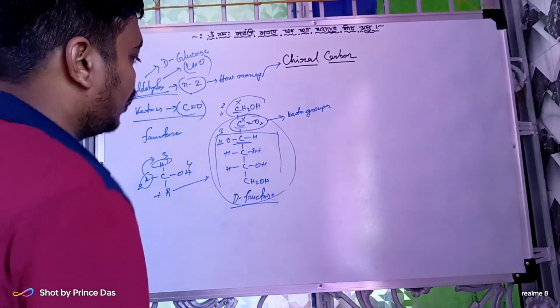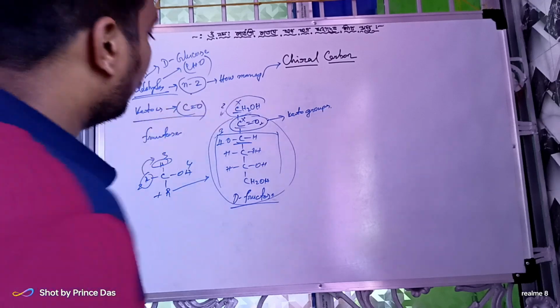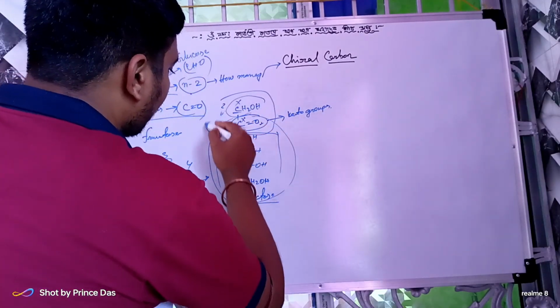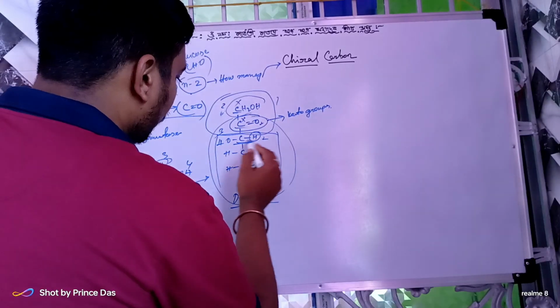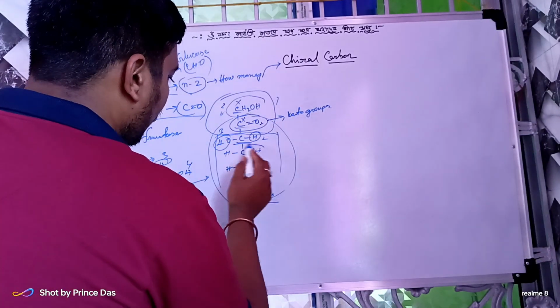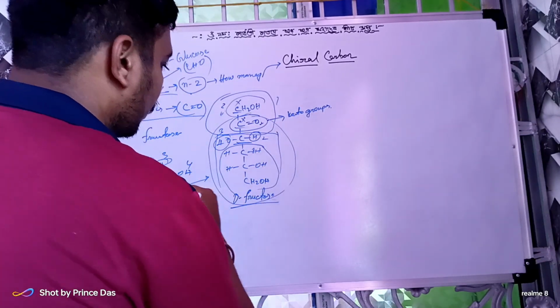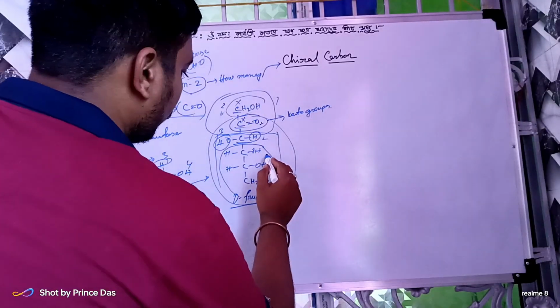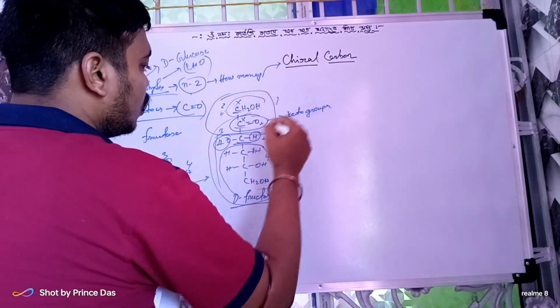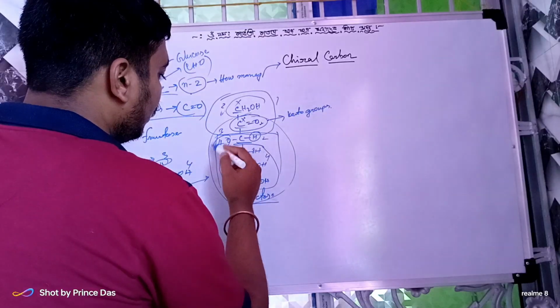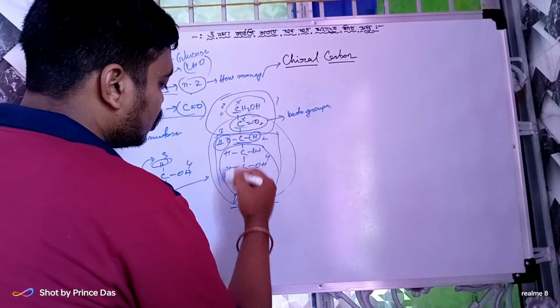Is this a chiral carbon? Let's see. Consider both these, 1, 2, 3, and rest other 4. Yes, 4 different groups I got: 1, 2, 3, hydroxyl group OH, and this, total 4.